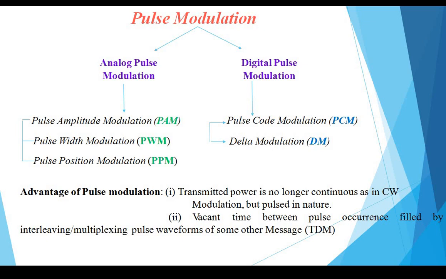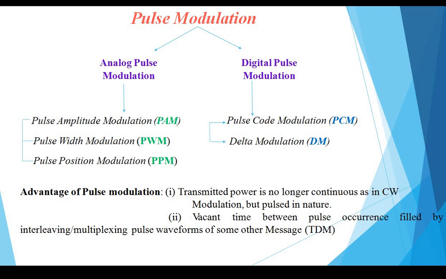The very first advantage is that the transmitted power is no longer continuous as in continuous wave modulation, but it is pulsed in nature. What does it mean? Think that you have a continuous sinusoidal wave, you have continuous pulses, carriers also.